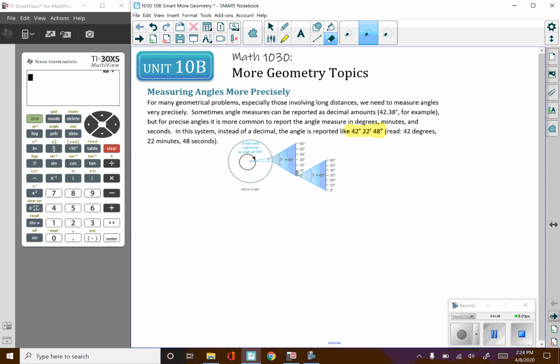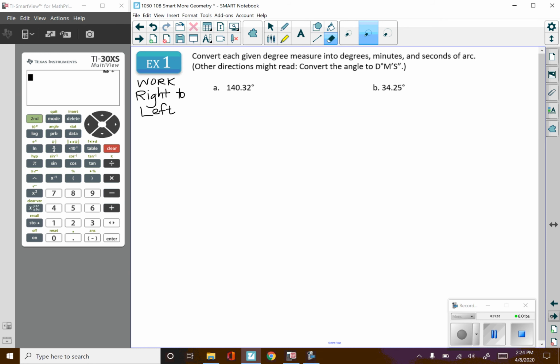Our first example is that we're going to convert each of these degree measures, which are in decimal form, into degrees, minutes, and seconds of arc. We need three parts to our answer: how many degrees, how many minutes, and how many seconds. We're going to work from right to left.